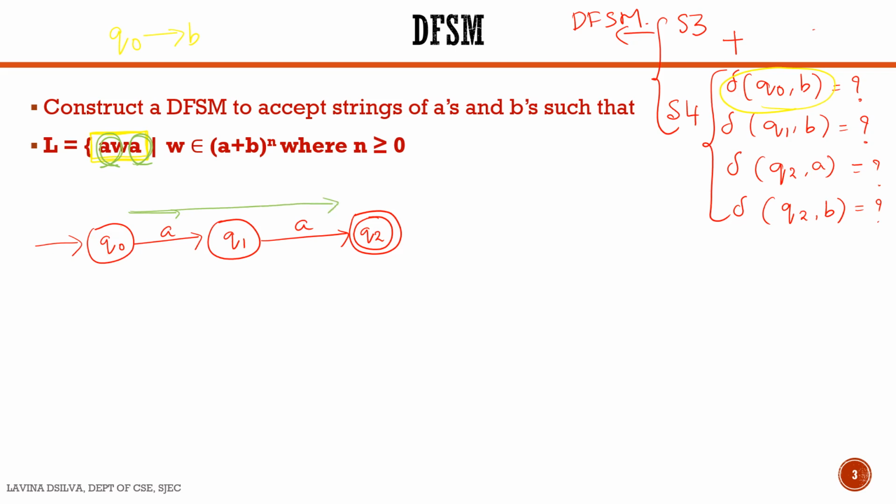To move to the final state, can we have the DFSM starting with B, accepting a string which starts with B? No, we cannot, because the condition tells us that in order to move to the final state, we need to have a string which starts with A. Therefore, in case we see a B, or a string which starts with B, then we move to the error state or the trap state.